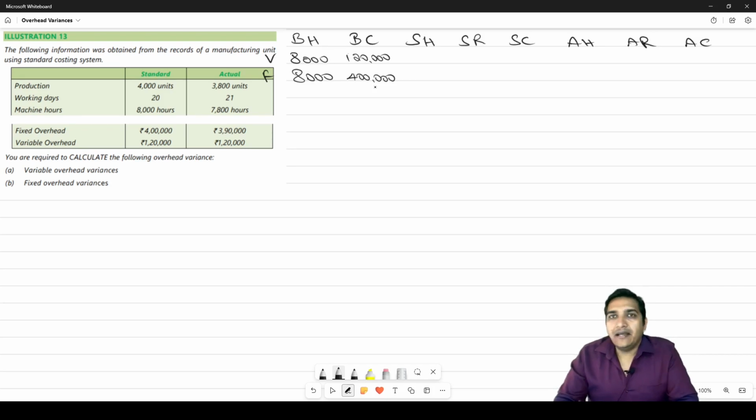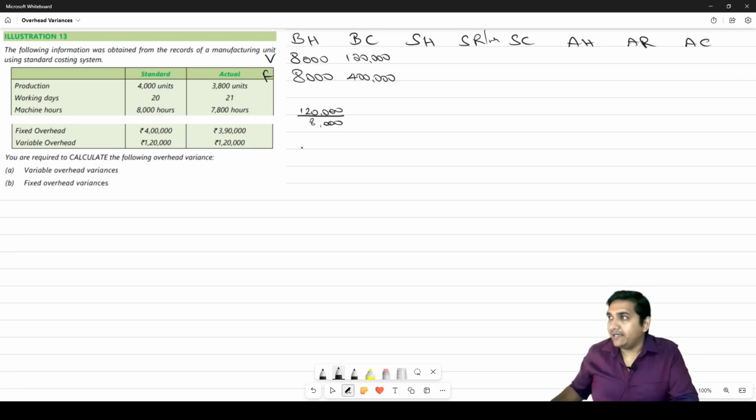Now standard hours, we will come to it a little later. Let us go to standard rate. Here we will calculate standard rate per hour. So this is going to be per hour, right? So how will we do it? We will take our budgeted cost, that is 1,20,000, divided by 8000, which is our budgeted hours.